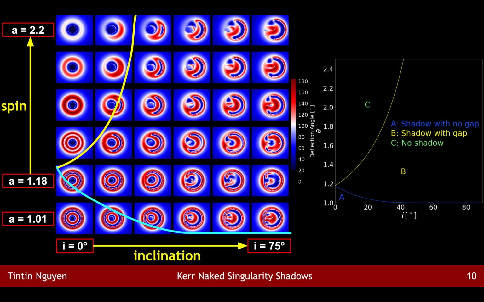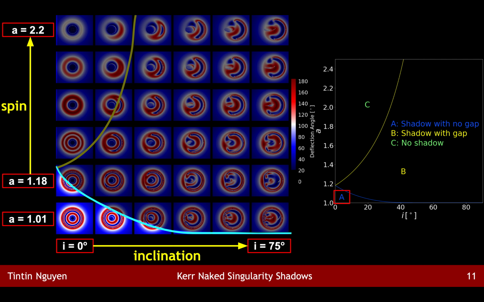So we ran the numerical ray tracing experiment and produced the deflection angle plots for a wide range of spin and inclination, and again produced a spin-inclination phase space. Let's compare the numerical results with the analytical plot I showed earlier. For the low spin, low inclination case, you can see that we have a closed shadow without a gap.